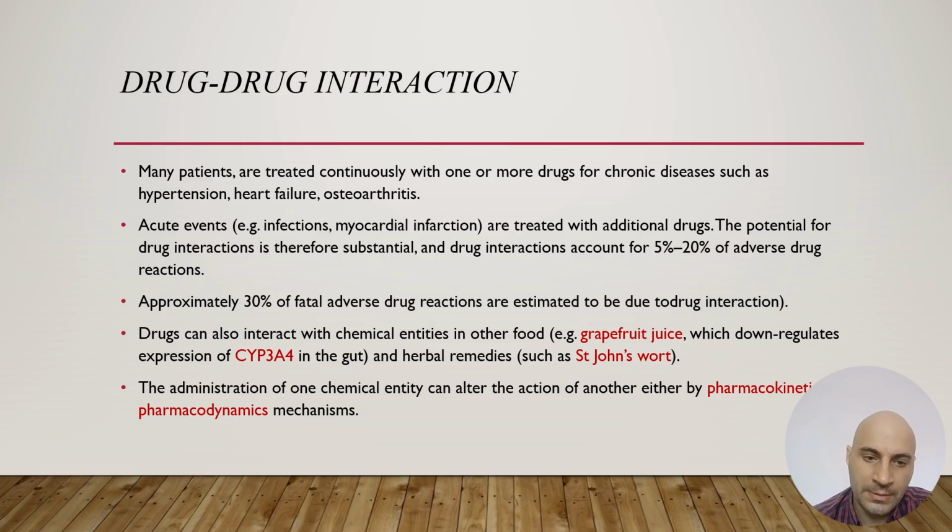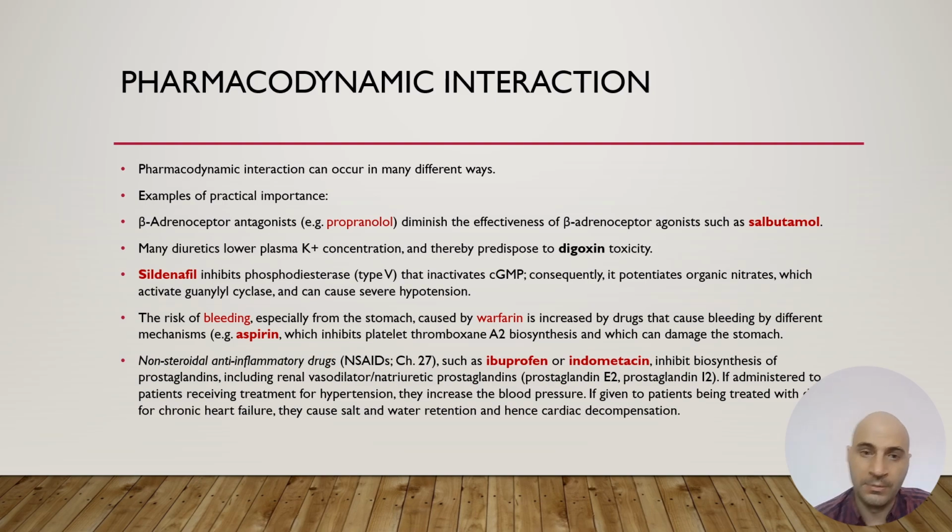The administration of one chemical entity can alter the action of another, both in pharmacokinetic ways and pharmacodynamic ways. Examples of pharmacodynamic interactions would be the interaction between beta receptor antagonists and beta receptor agonists.